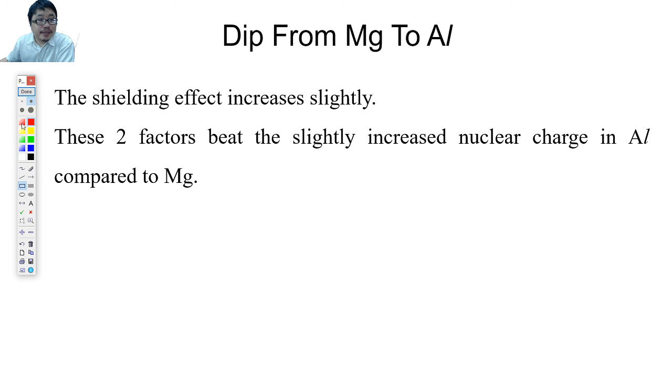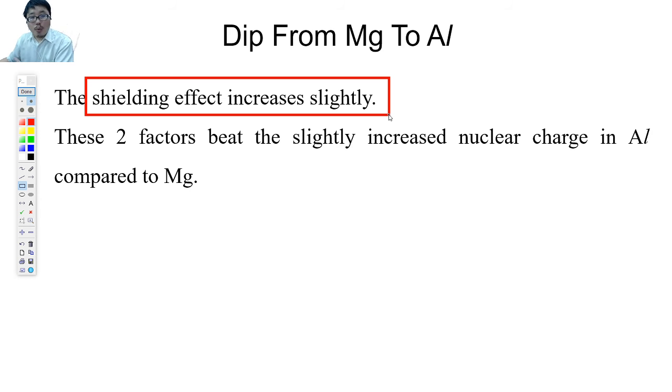Shielding effect also increases slightly, because 3s faces shielding from 1s, 2s, 2p, while 3p faces shielding from 1s, 2s, 2p, and 3s.